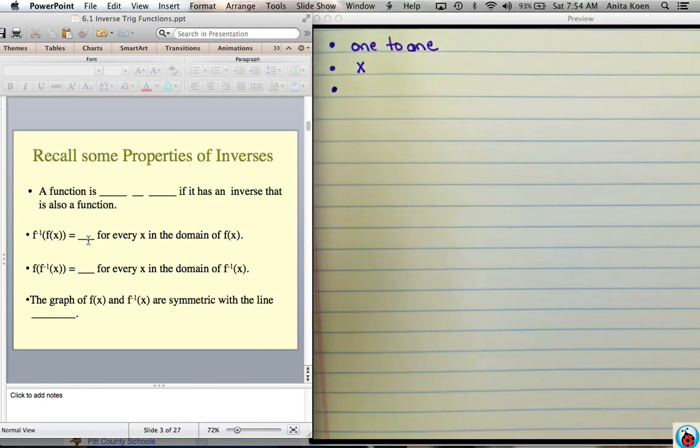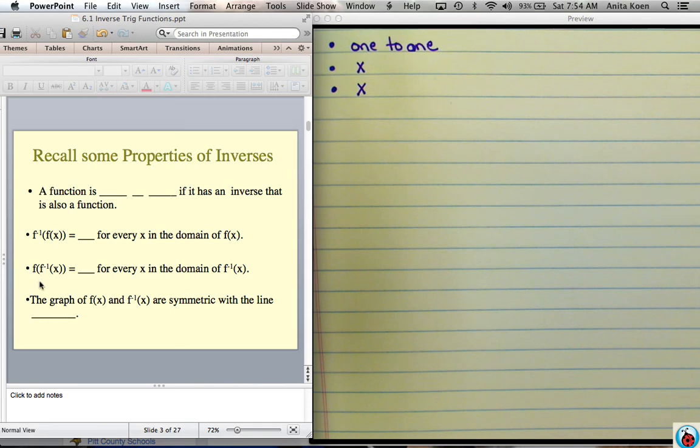Bullet number 3. f of f inverse of x is also equal to x for every x in the domain of f inverse. Anything that is allowed to be input into f inverse, when I input that into f inverse, I'm going to get an output. That output becomes the input for f.